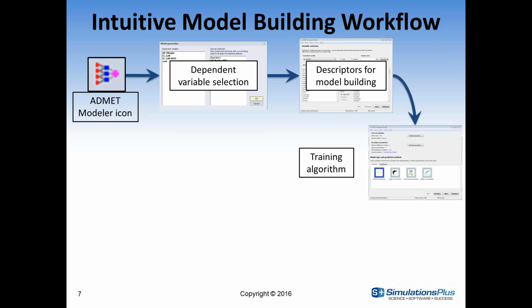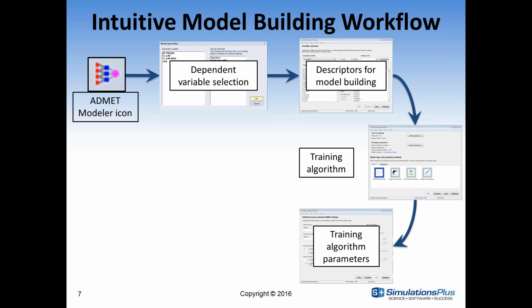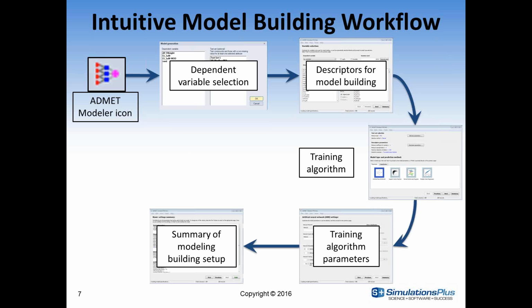Next, you specify your training algorithm. We still have the same training algorithms that were in ADMET Predictor 7.2: artificial neural network ensembles, support vector machines, KPLS and MLR. Then you set up your training algorithm parameters.